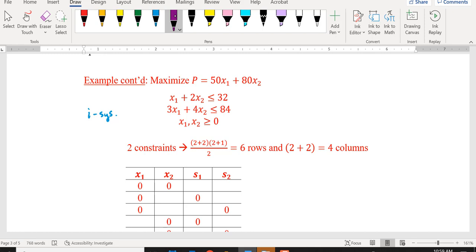So I'm going to say x1, 2x2 plus a slack variable equals 32. You with me? I'm going to say 3x1, 4x2. Can I say plus s1? I've got to do a new slack variable. I'm going to say plus s2 equals 84. This is the E system.